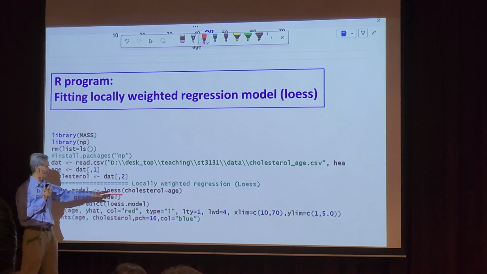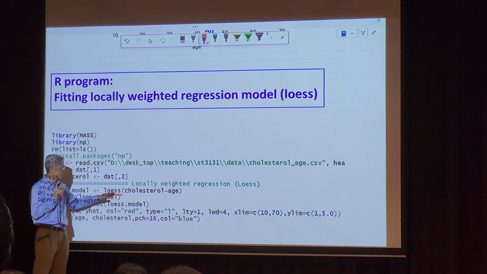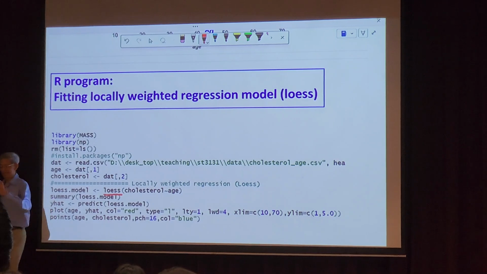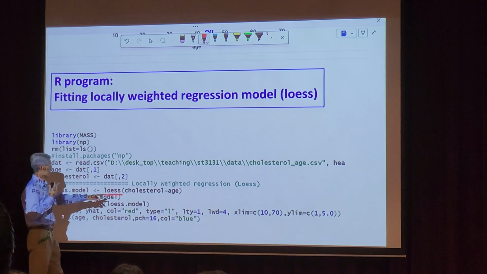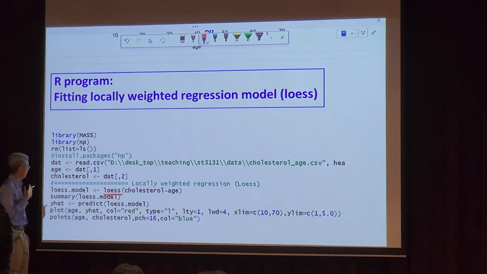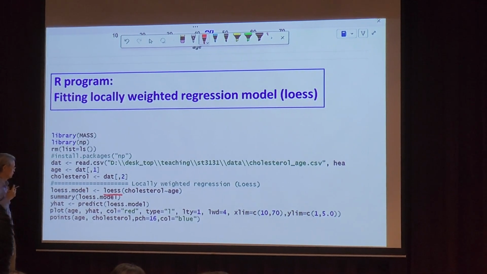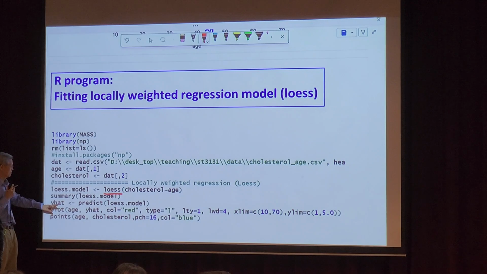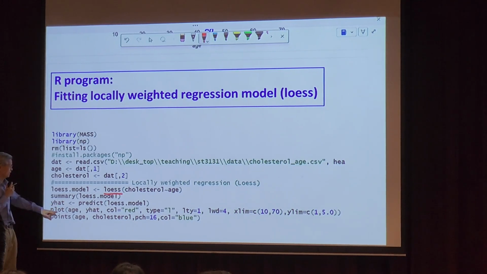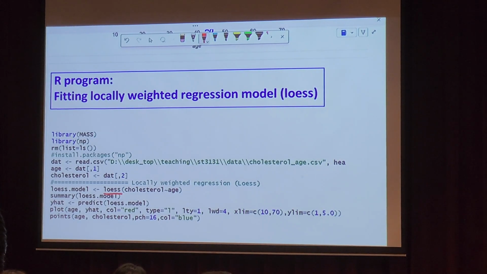I would prefer a loess function that gives me the ability to choose the 20%, or I want to try 15% or something. Maybe there is. I have not checked out this function carefully, but that's what I do. After that, I calculate Y hat and try to plot it to see what I get.